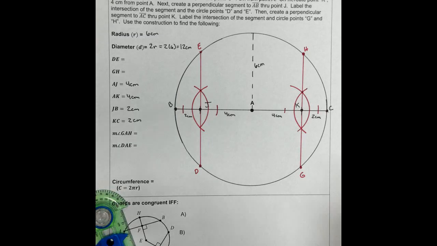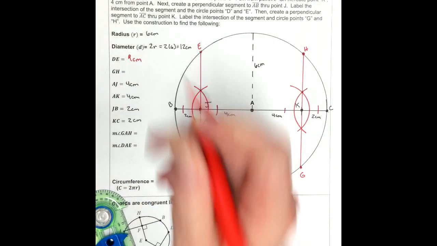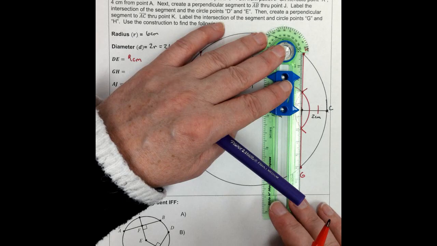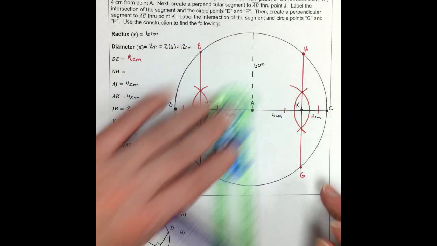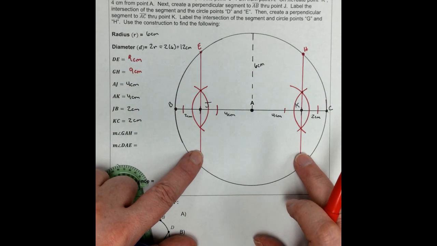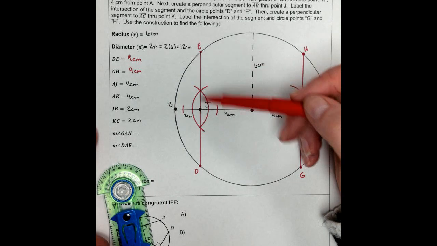So DE is roughly 9 centimeters. And then we can go measure our segment HG. So same thing, we're going to use our compass as a ruler, and that's 9 centimeters. So both of these are congruent, and these are what are called chords.